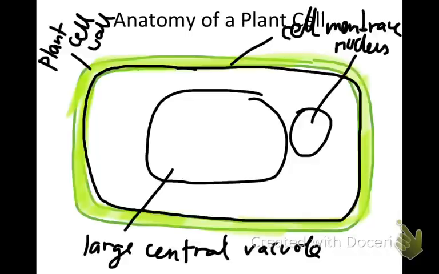But really important, and particular to photosynthesis, is the presence of something called a chloroplast. The chloroplast is what we're going to be focusing on for the remainder of this lesson. So this is a chloroplast now.